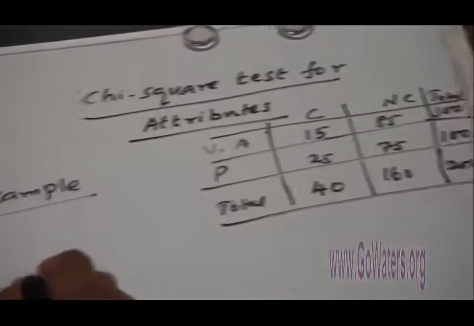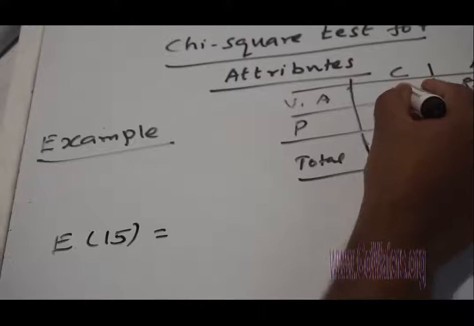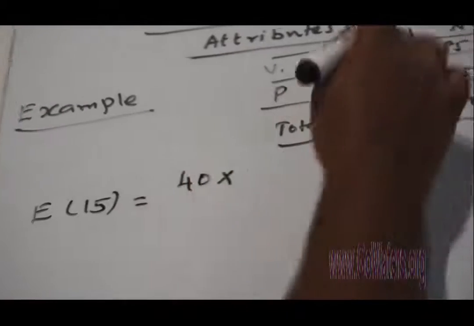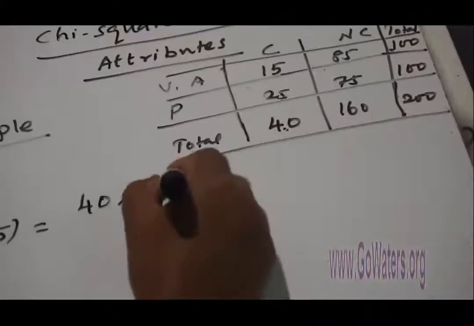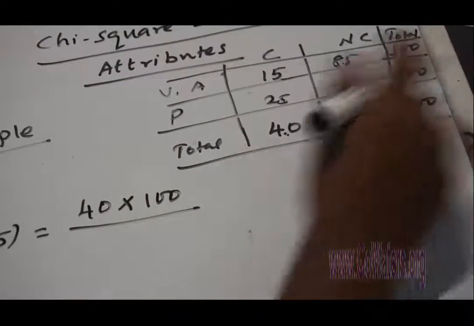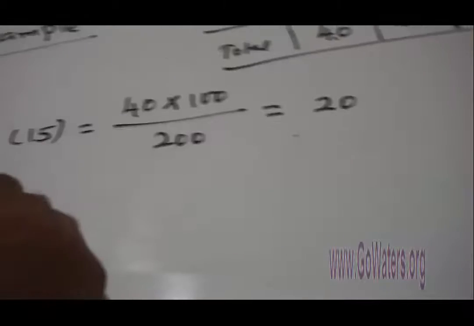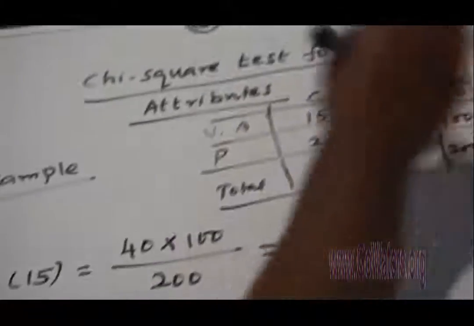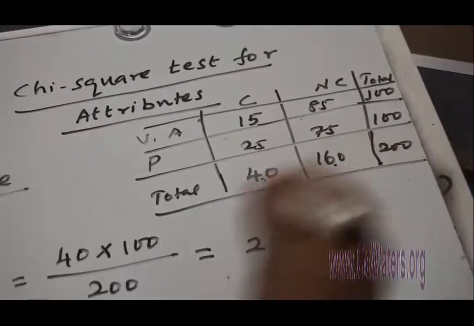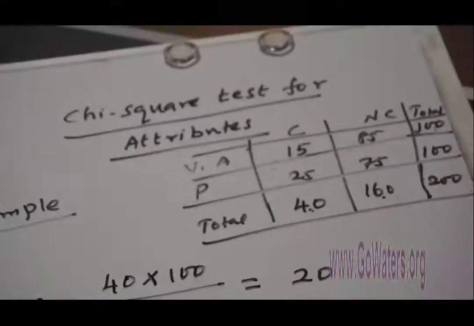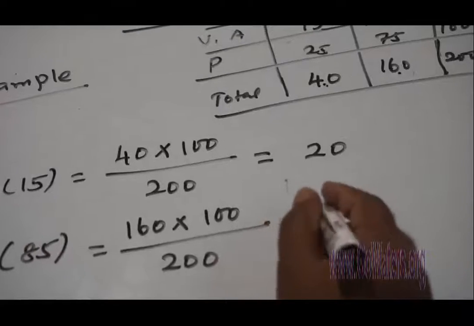The expected frequency of 15 equals the corresponding column total, 40, times the corresponding row total, 100, divided by the grand total, 200. So this equals 20. The expected frequency of 85 is the column total 160 times the row total 100, divided by 200, which equals 80.